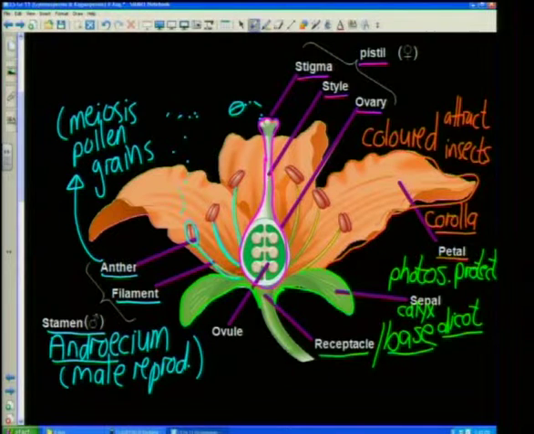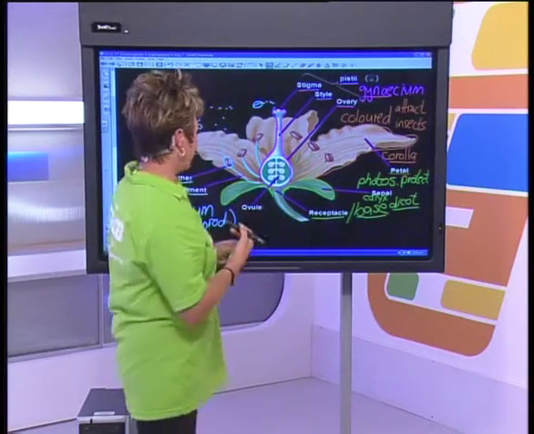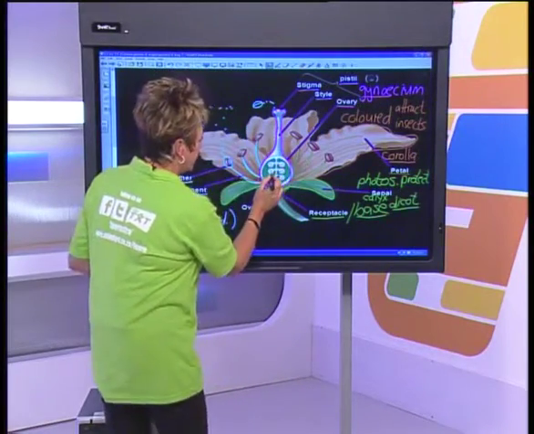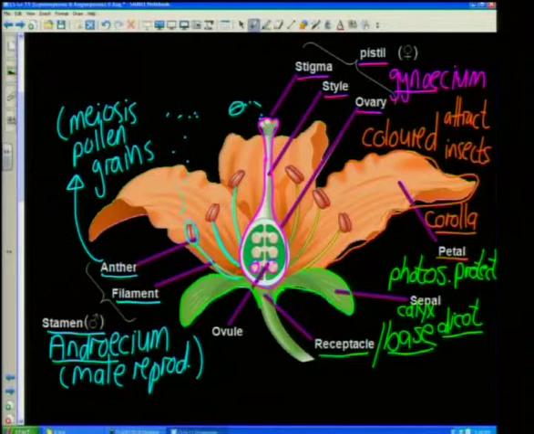I'm going to give you the proper name. It's a gynoecium. A way to remember this, yes, females, gyne, so that's a way to remember the female reproductive organ. Inside the ovary, we have got ovules, and the ovules, that's where the egg cell is.